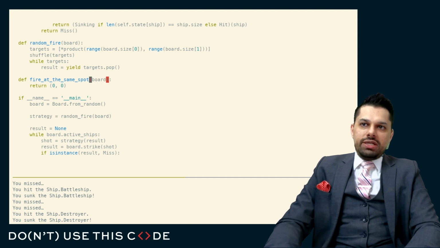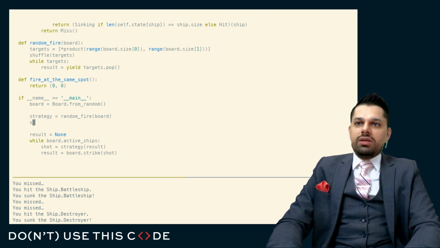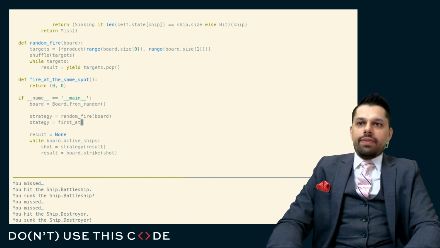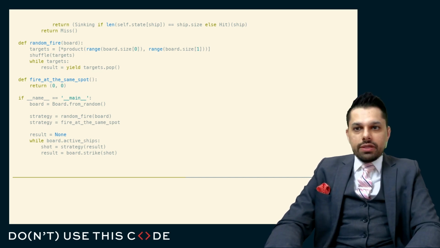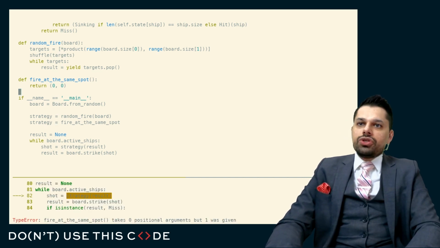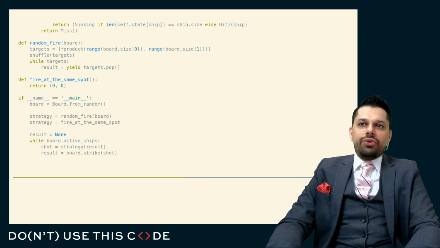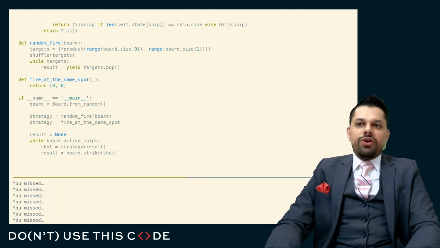And I guess here, it'd just be strategy equals fire at the same spot. So, something like this is API compatible, meaning that if I were to provide this to an end user, and by the way, this should take a parameter it's not going to really look at. It's basically a function of one argument. You can see it just keeps missing forever.